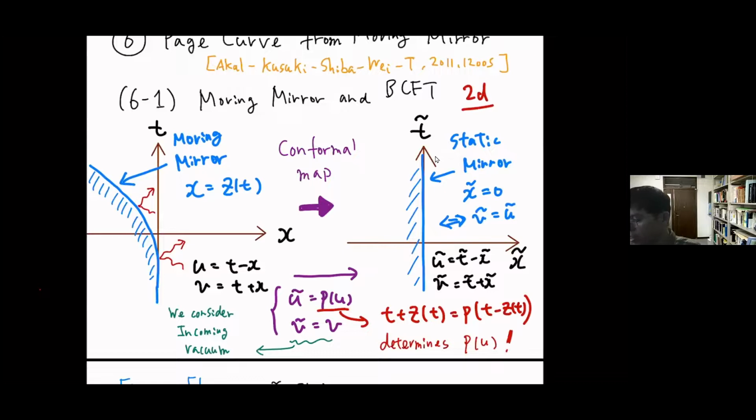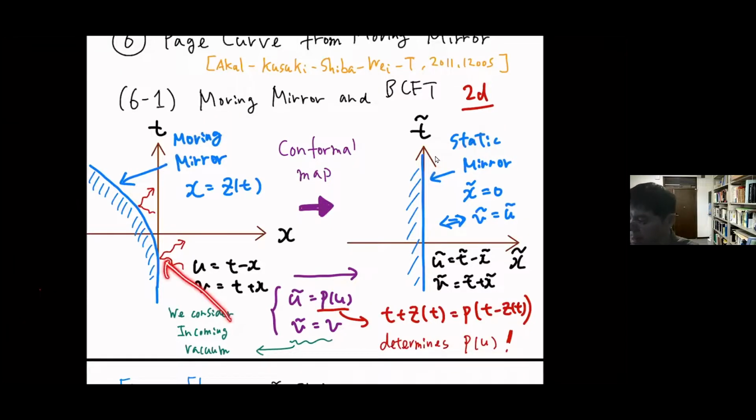Let's introduce u and v, where u is t minus x, and v is t plus x. With the new coordinates t tilde, x tilde, there is a non-trivial mapping between them only for the u coordinate, the left moving one.